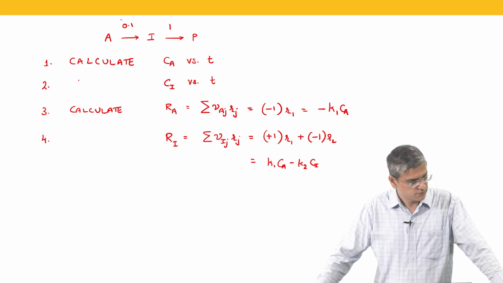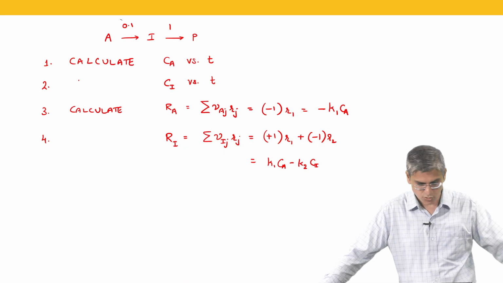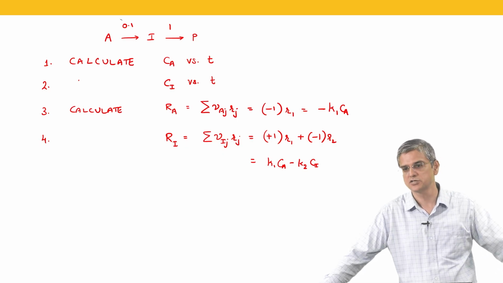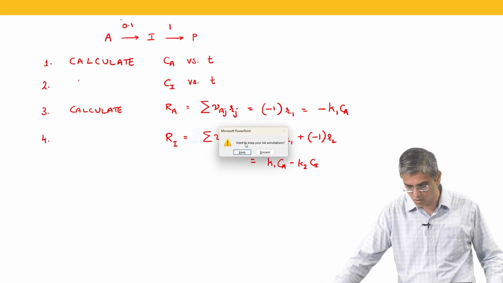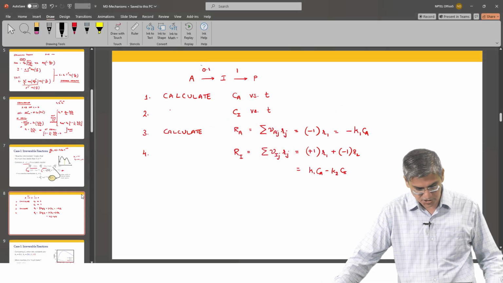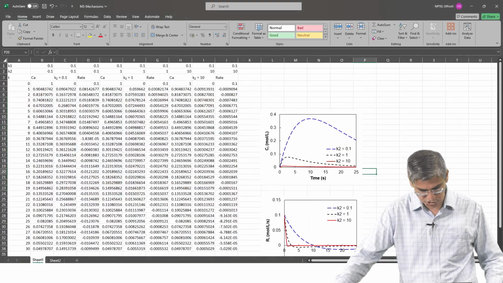What we will say is that I is in pseudo steady state, that means the net rate of formation of I is approximately 0, or after the initial time concentration of I does not change much.